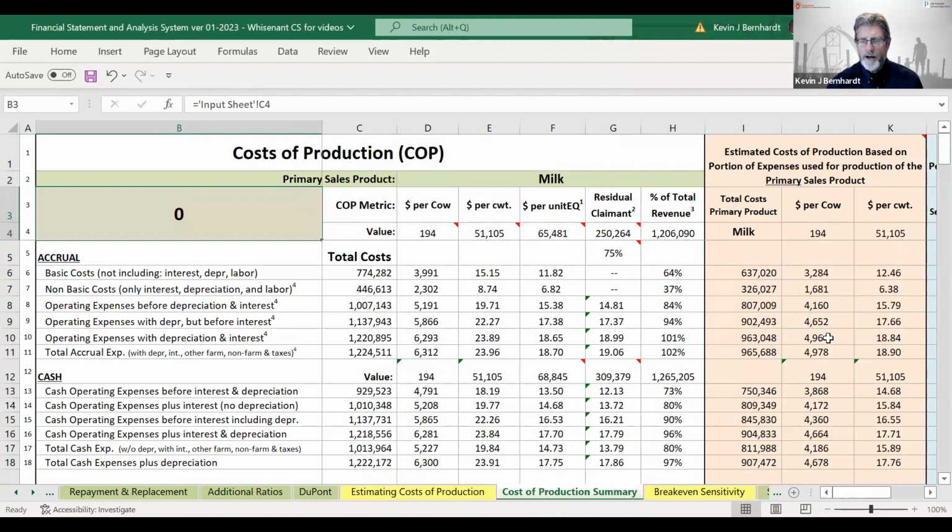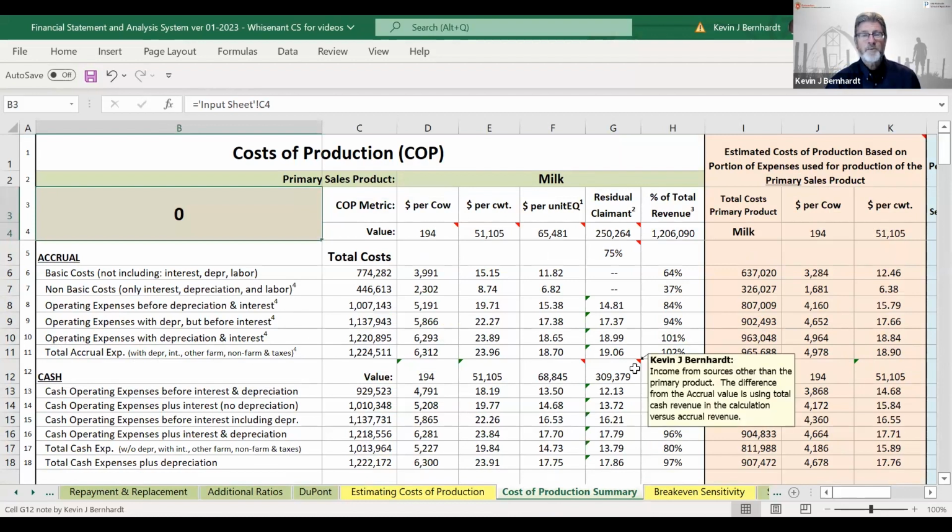So when we did all that work, the total accrual expenses that we estimated based on putting our own percentages in was $18.90 per hundredweight. I'm circling it way over to the right side of your visual. That gives us probably the most accurate estimate of what our cost of production is.